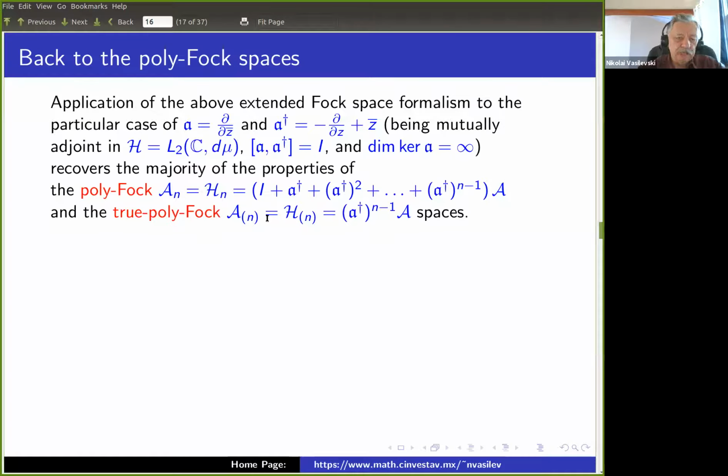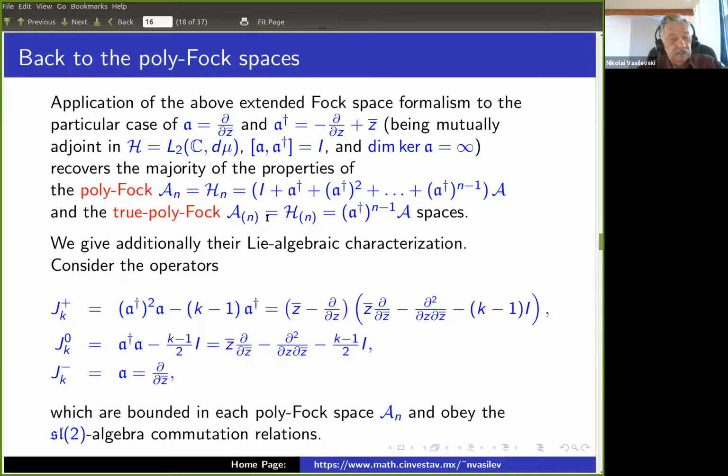And the true polyfock space A_(n) in brackets is just the (n minus 1) power of the operator A dagger applied to this Fock space of analytic functions. Moreover, if we introduce again the operators J_k plus, minus, and J_k naught for natural number k, these operators will obey the SL2 algebra commutation relations, and they are bounded in each polyfock space A^N.